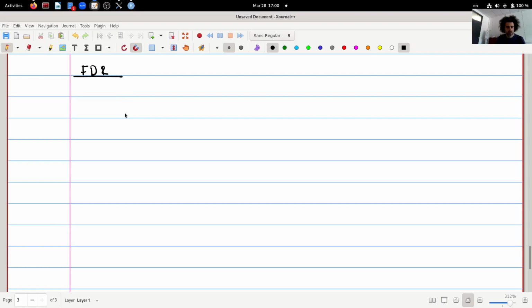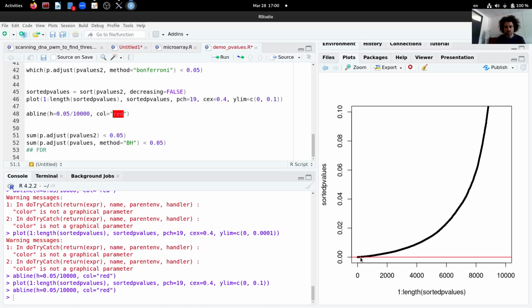Do not use a constant threshold like this one, but use a threshold that increases for p-values of different rank. So we will start from here, but then we will proceed like that as my pointer goes.